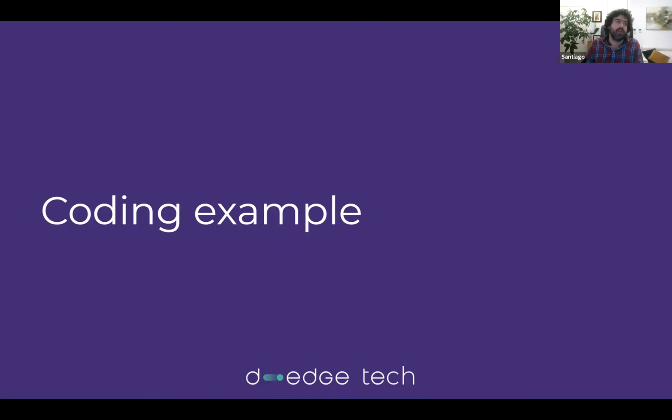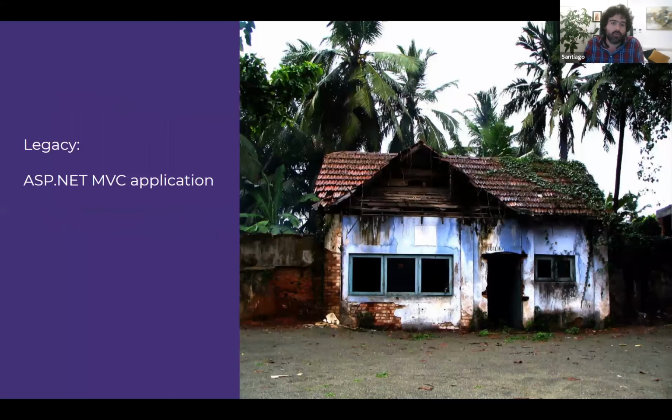So I will show a coding example, a way of integrating a new stack into a legacy application. The legacy application I chose is an ASP.NET MVC application. I chose this application because of the way we .NET developers start our career.